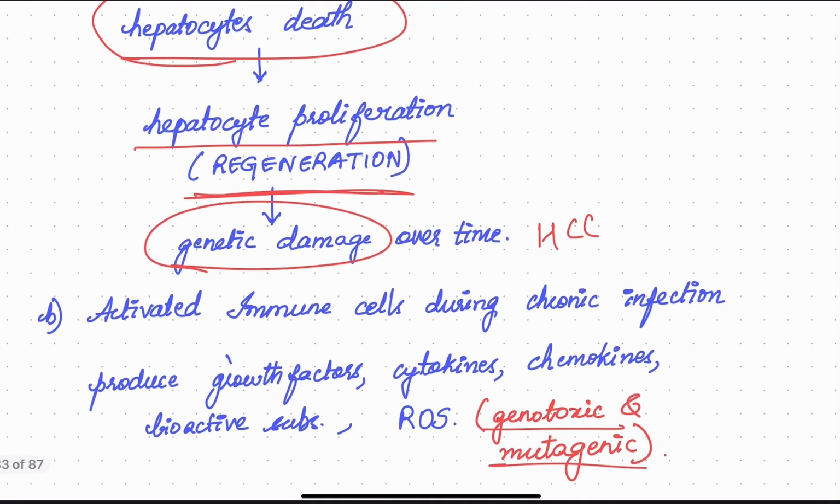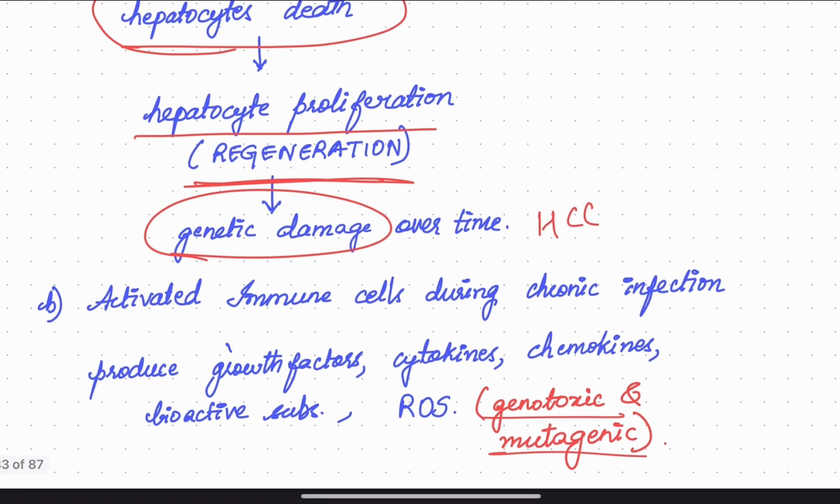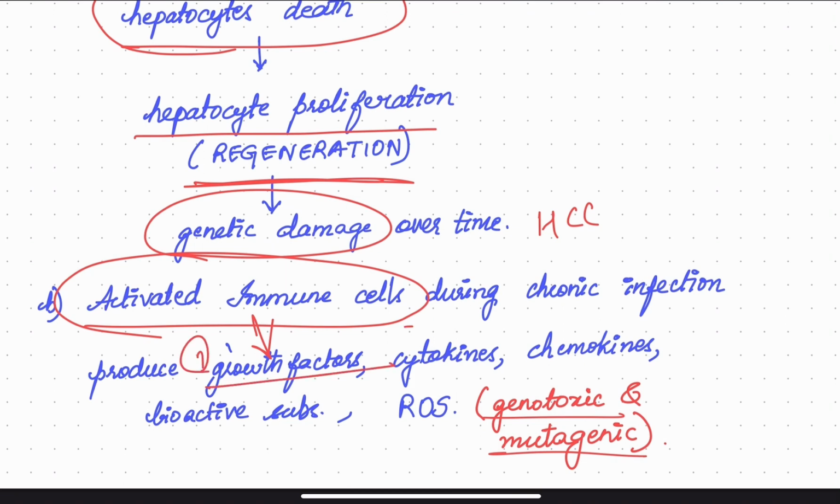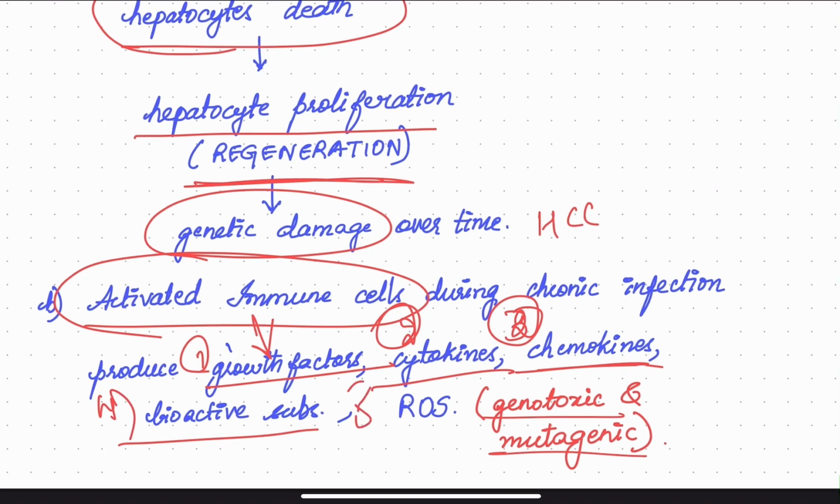Another mechanism is activated because of this infection and inflammation. There are activated immune cells. The activated immune cells during the chronic inflammation produce growth factors, cytokines, chemokines, which are the mediators of inflammation, and certain bioactive substances. Most importantly, reactive oxygen species, which are genotoxic and mutagenic.